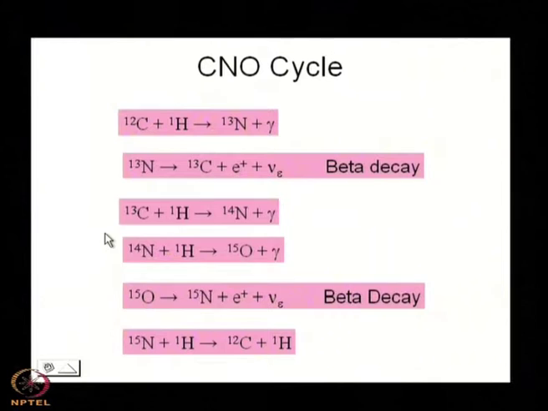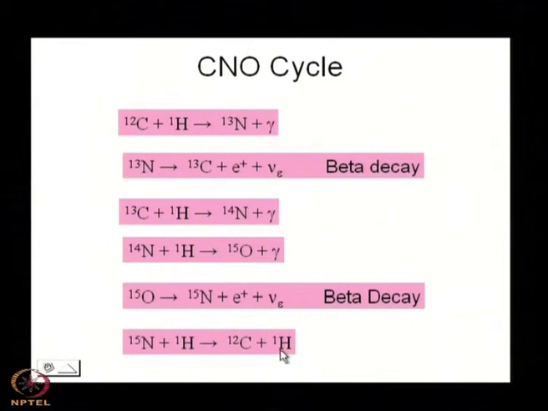Now, the carbon 13 then collides with the proton to produce nitrogen 14 and a photon. Nitrogen 14 then collides with the proton to give you oxygen 15 and a photon. Oxygen 15 then again does a beta decay, it becomes nitrogen 15 plus a positron and a neutrino. The nitrogen 15 then collides with the proton to give back carbon 12.